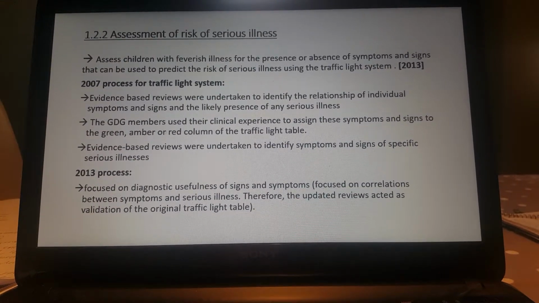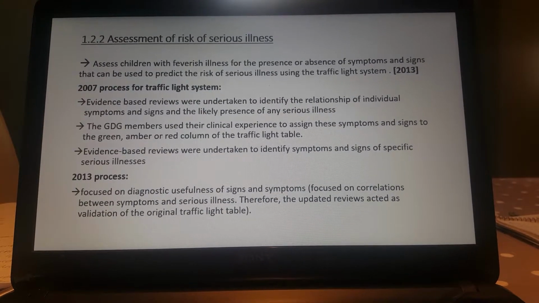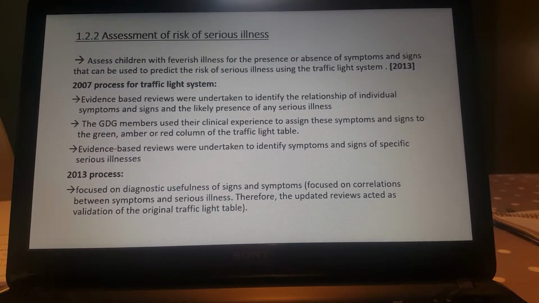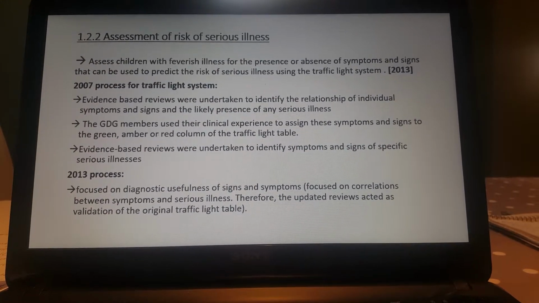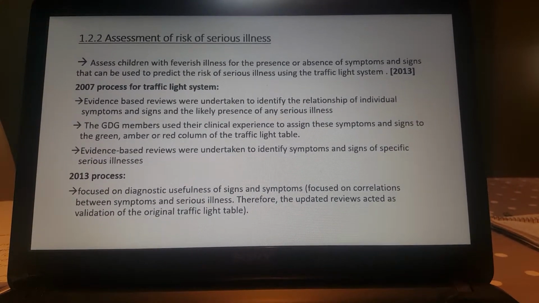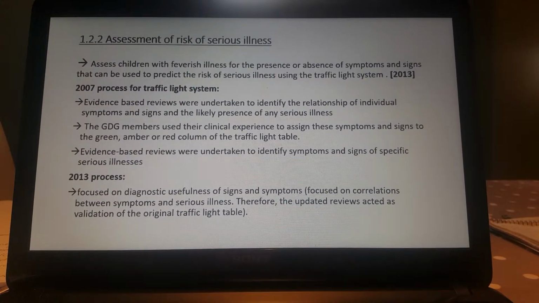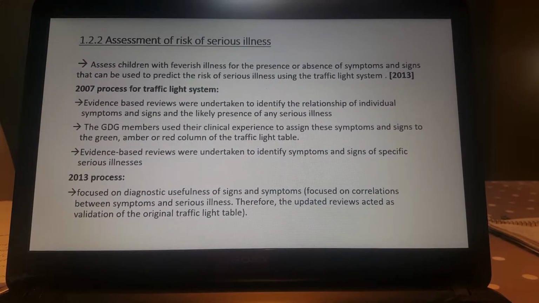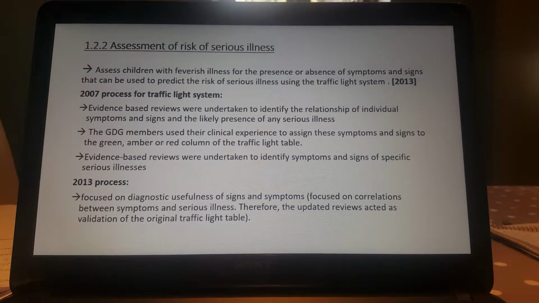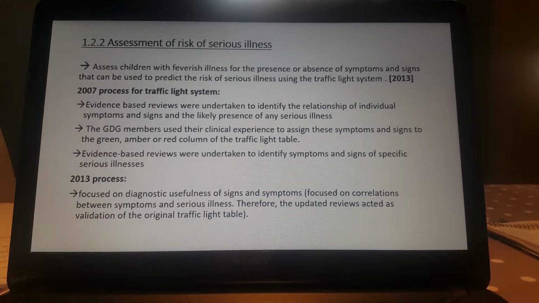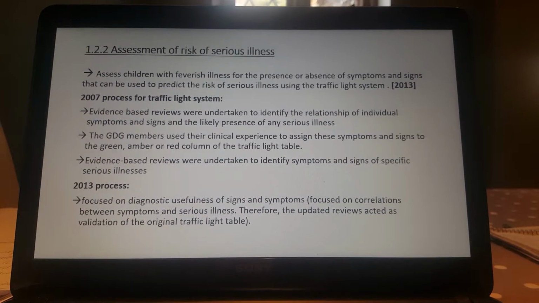The members of the guideline group then used their own clinical experience to assign these signs and symptoms to the green, amber or red column. And then evidence-based reviews were undertaken to identify signs and symptoms of specific serious illnesses. The process differs slightly in the 2013 update, where they focused on the diagnostic usefulness of signs and symptoms, focusing on the correlations between symptoms and serious illness. Therefore, the updated reviews essentially act as a validation of the original traffic light table.